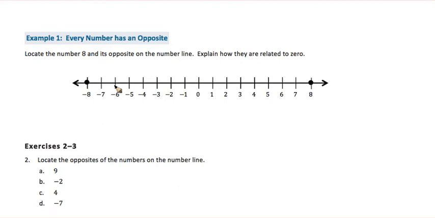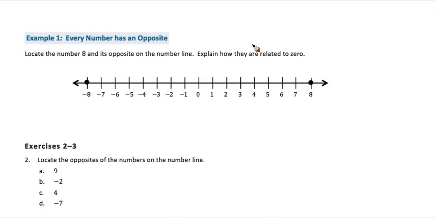Then we could locate the opposites of these other numbers on the number line. The opposite of 9 would be negative 9, which of course would be about right here if we extended our number line. The opposite of negative 2 is to the left of 0, 2 units to the left of 0. So the opposite of negative 2 is positive 2 to the right of 0.